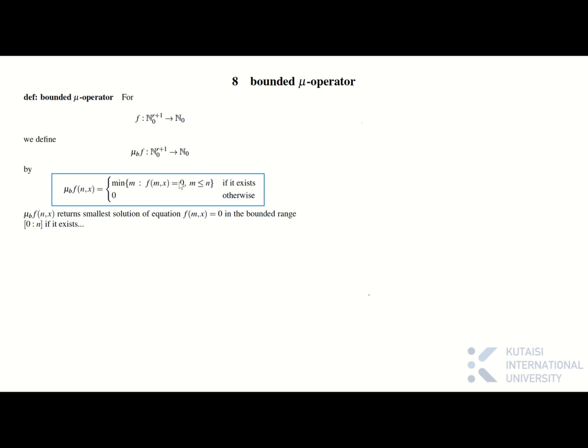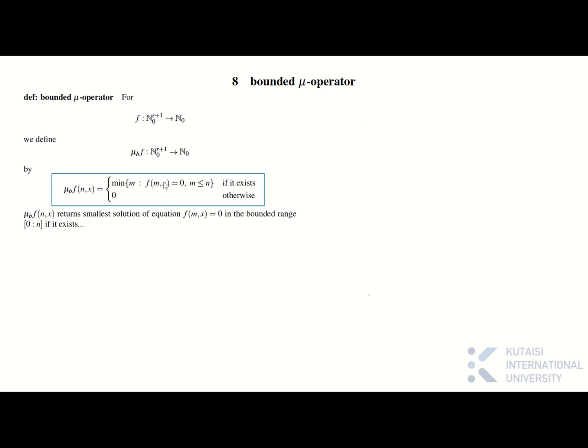For the first variable, you start at 0. You plug in 0, 1, 2, 3, 4, and you check whether this equation is satisfied for each iteration. Once you find that it is satisfied, you return the iteration you found it on. So if f4x is 0, and f3x, f2x and f1x are non-zero, and at step 4 you found it, you return 4.